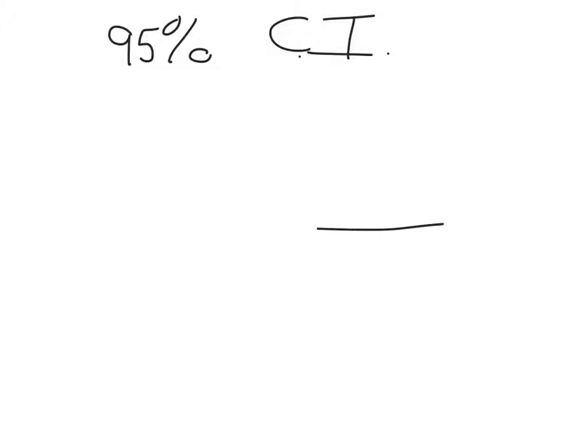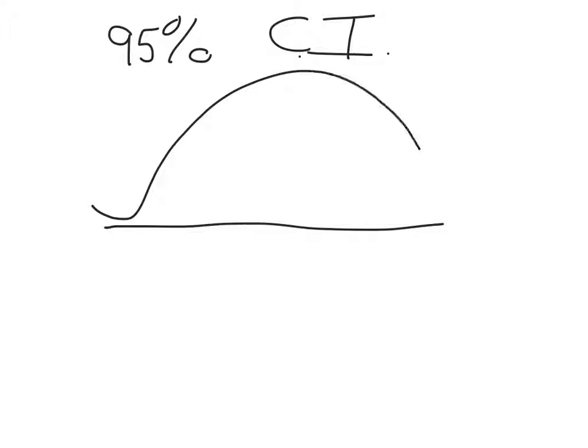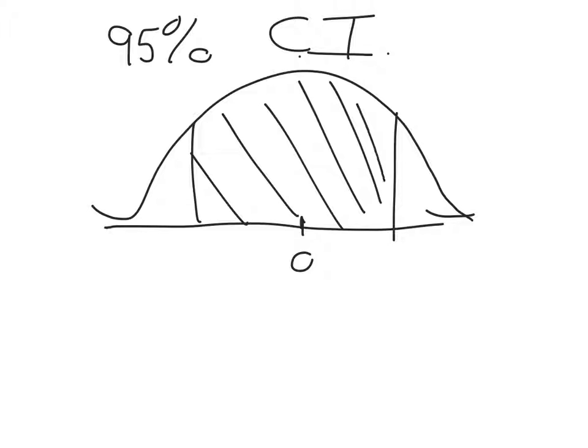So let's test one out. Suppose I want to have a 95% confidence interval. I'm going to shade in 95% of the curve. And I have 5% left over on the two sides.